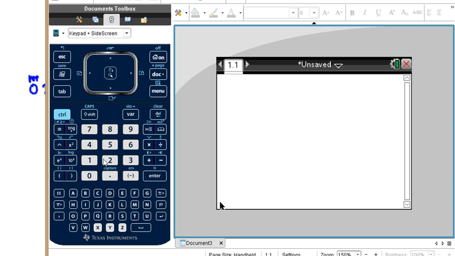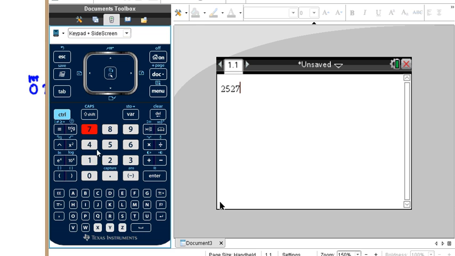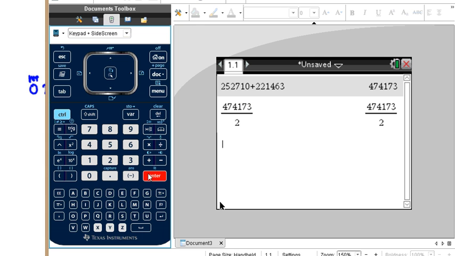So we have 252,710 plus 221,463. And so this number, 474,173 miles, is our major axis. And our semi-major axis is this number divided by 2.